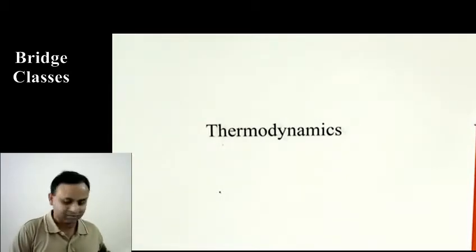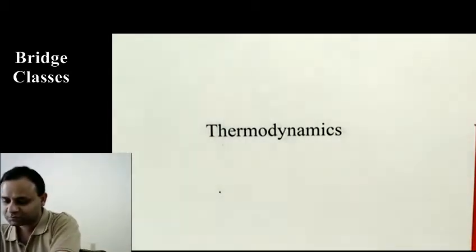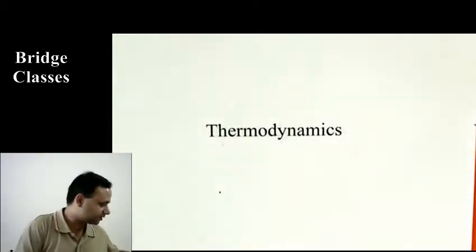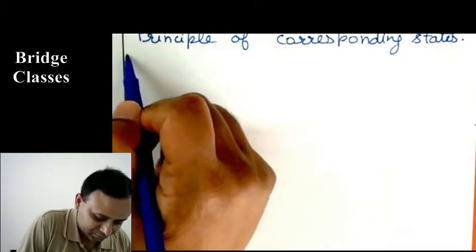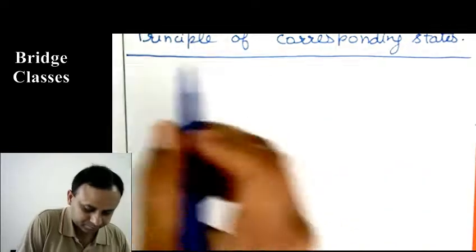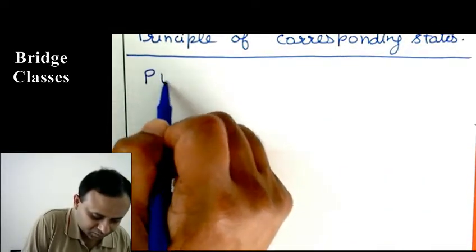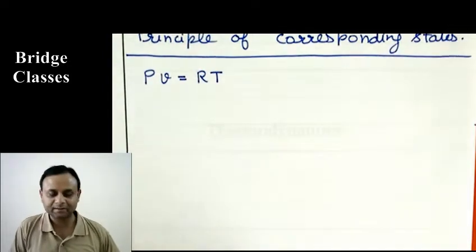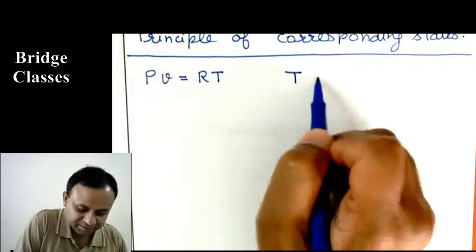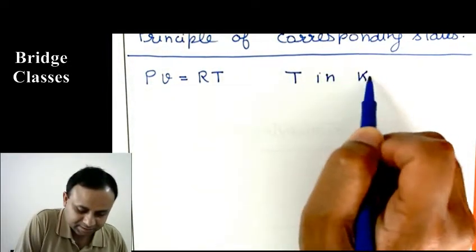Okay. And there are different forms of this ideal gas law. Let me clarify those also, because we might end up confusing them. So PV equals RT. And in the ideal gas law, this temperature is always in Kelvin. Don't take it in Celsius.